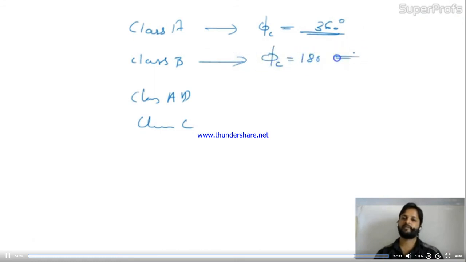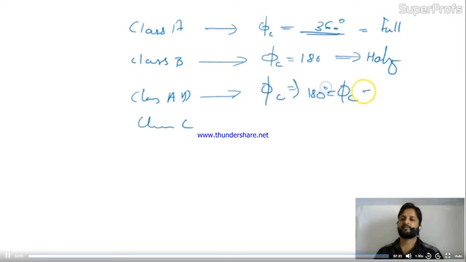Only the half cycle will come over here, half cycle. Here the full cycle. What is class AB? Here the conduction angle is between 180 degree and 360 degree. In the class C amplifier, the conduction angle is less than 180.